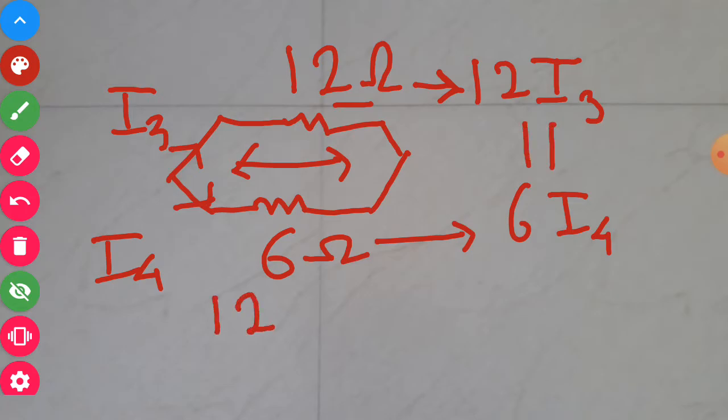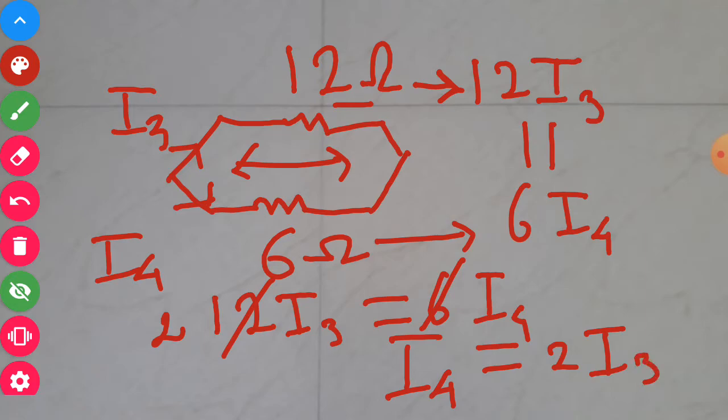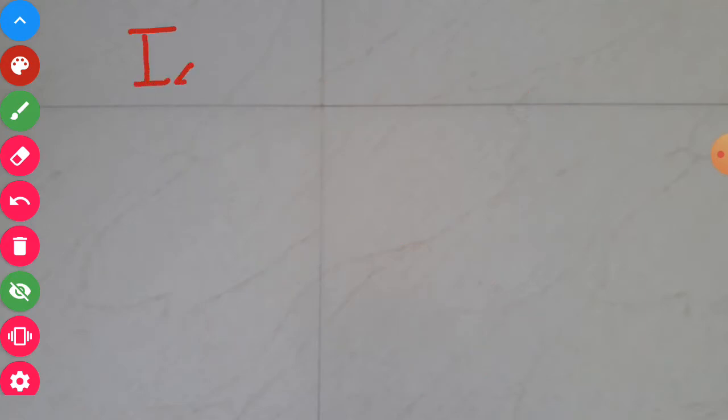So we can say 12 I3 is equal to 6 I4. It becomes, 6 2s are 12, so we can say I4 is equal to 2 times I3. Now this result we have to remember, I4 is 2 I3.